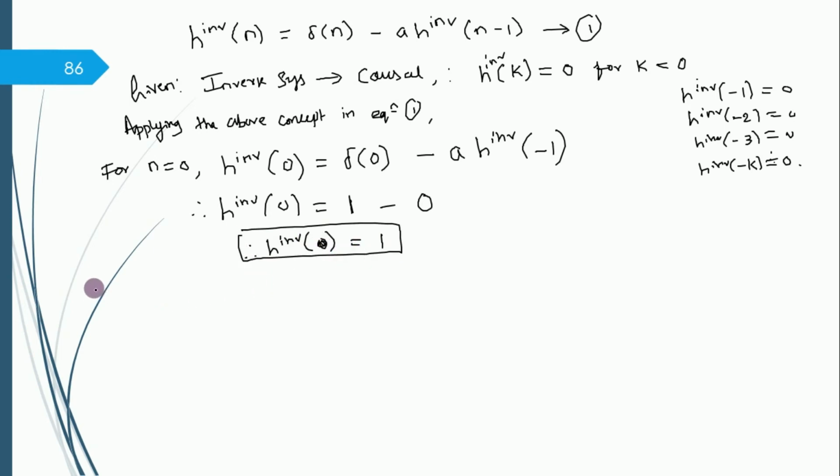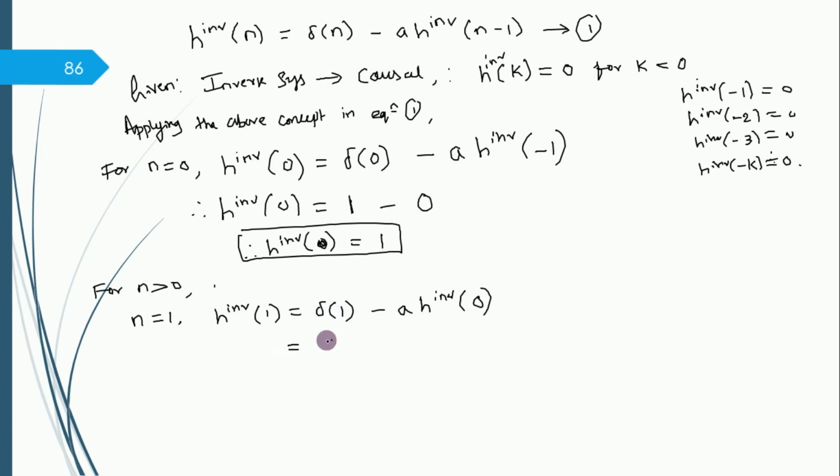Now we have to proceed in the same manner for n greater than 0. Let me consider n equal to 1 first. For n equal to 1, I take equation 1 again. H inverse of 1 is equal to delta of 1 minus a into H inverse of, if I substitute n equal to 1, 1 minus 1 is 0.